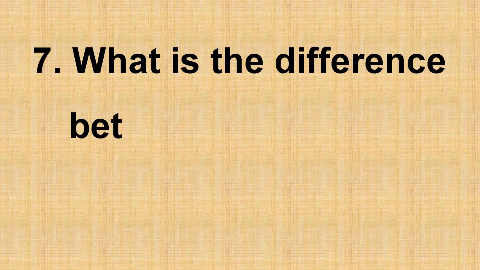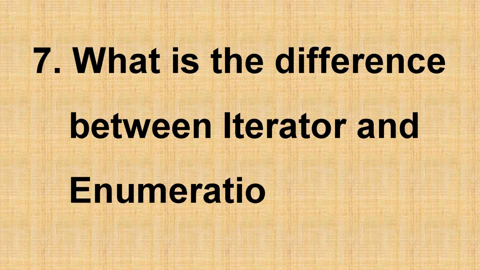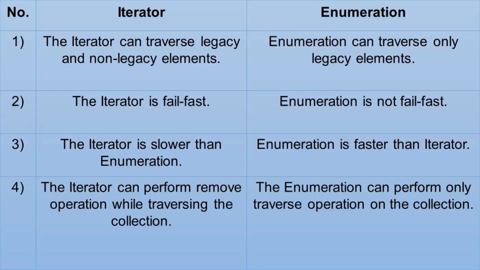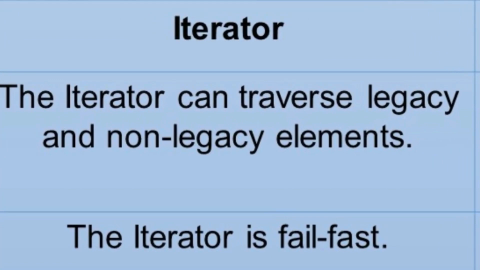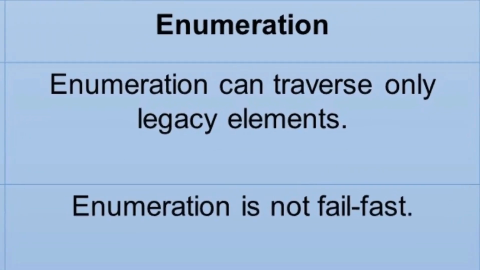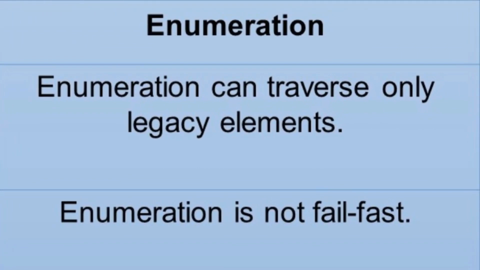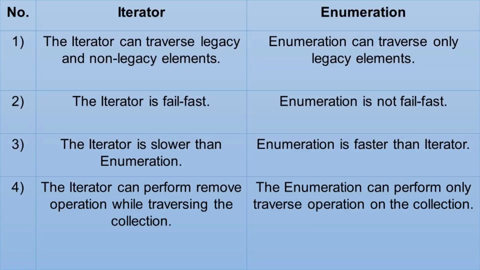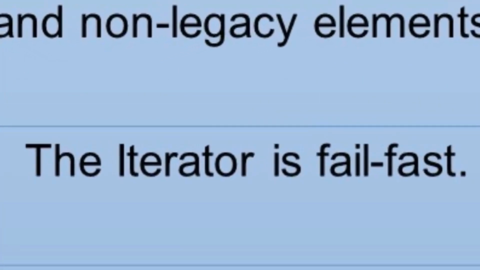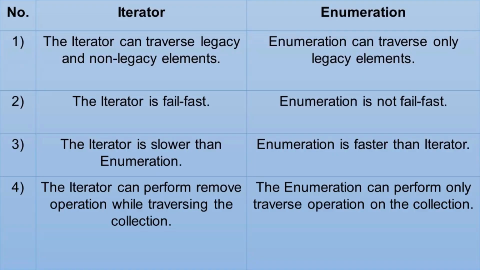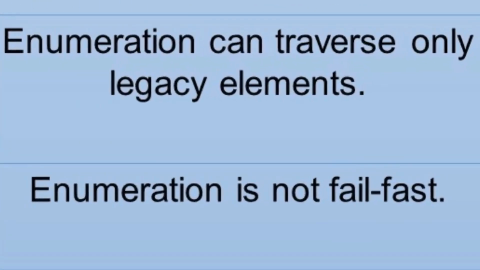What is the difference between iterator and enumeration? The iterator can traverse legacy and non-legacy elements. Enumeration can traverse only legacy elements. The iterator is fail-fast. Enumeration is not fail-fast.